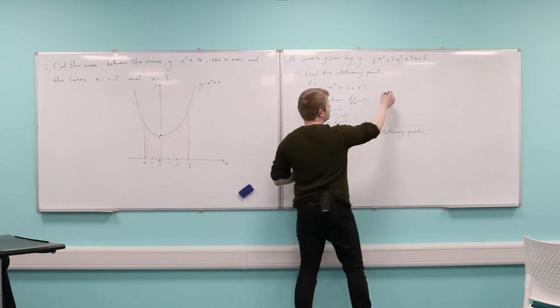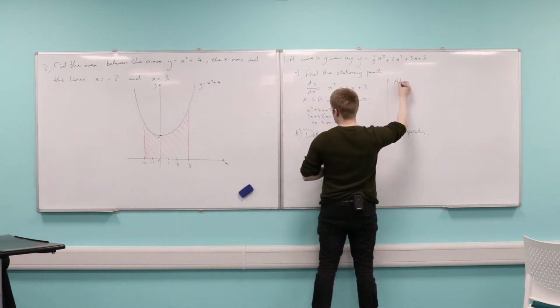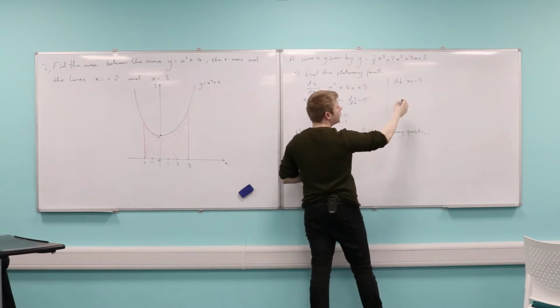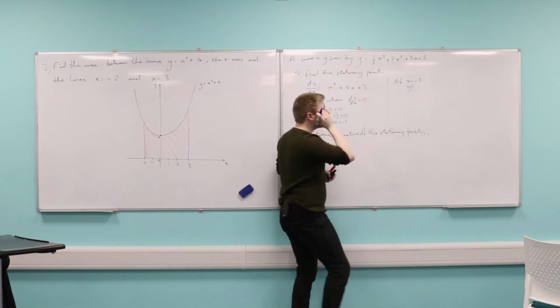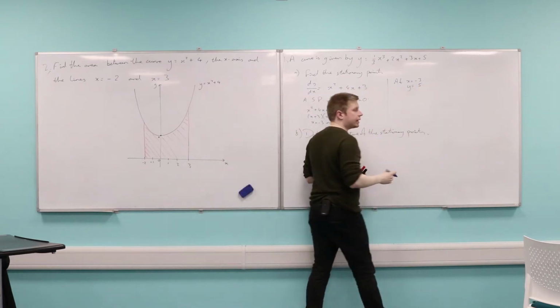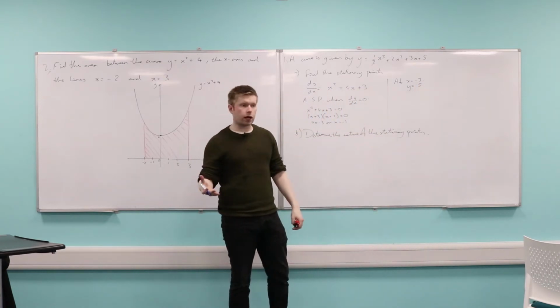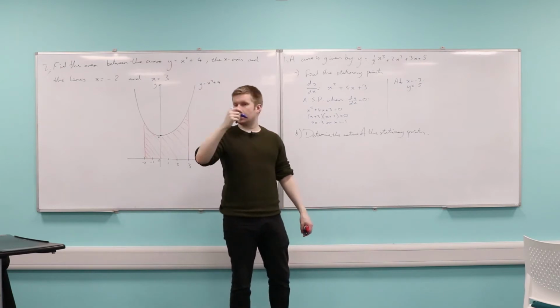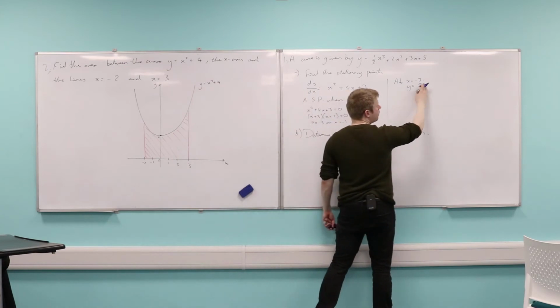Okay, so let's stick negative 3 in first. If I stick negative 3 in here, what do I get? We get 5, okay. Remember, you can stick that in your calculator if you wish. However, if you type a wrong button or it comes out wrong, then I can't give you any marks for this.